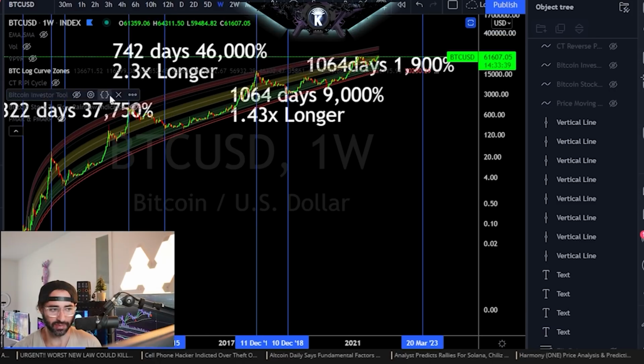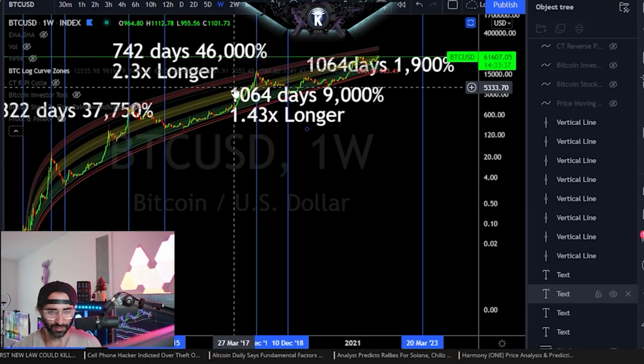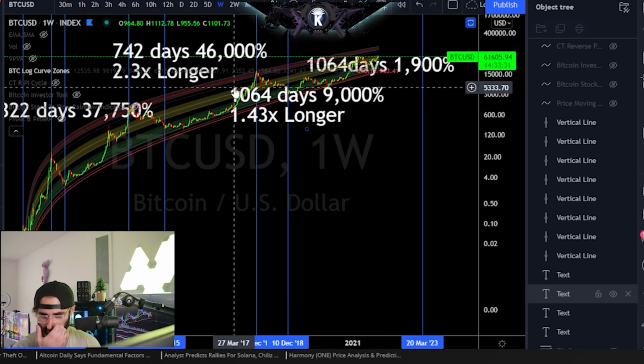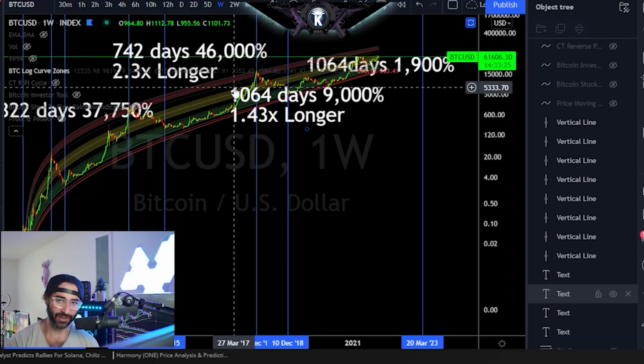I do not think that Bitcoin's putting in 40,000% moves in a cycle any longer, because that would mean that Bitcoin would go to such a high number that you should be worried about the health of the world rather than the health of this asset, as it goes up to, like, I don't know, hundreds of millions of dollars, or even $1 million. I mean, think about what the world would look like at that point.